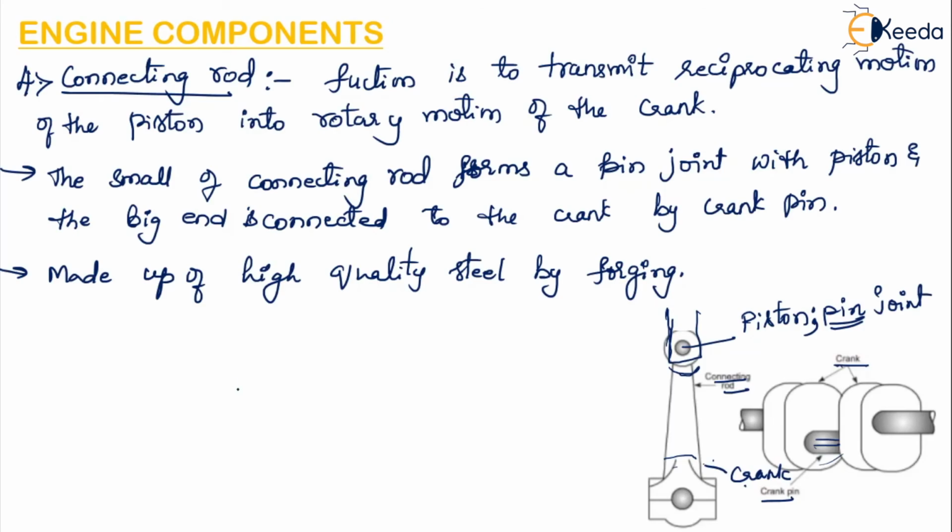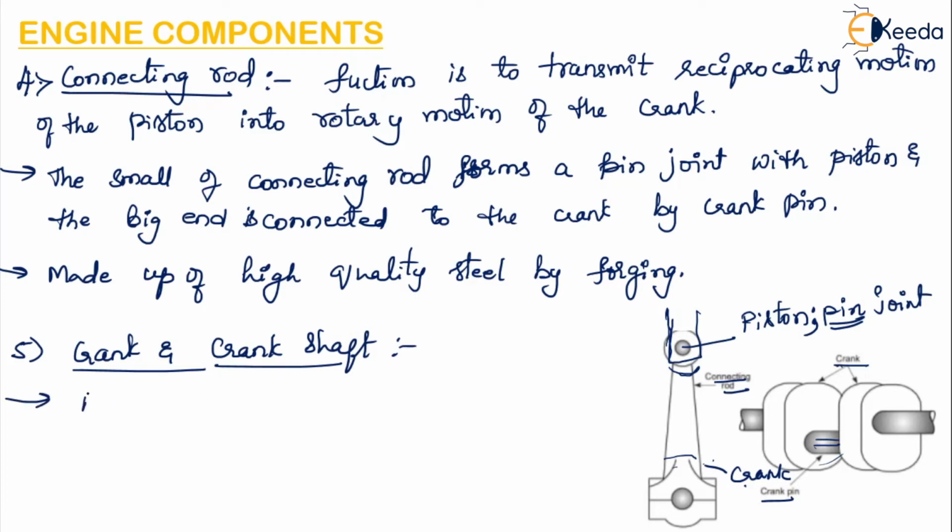The next component is the crank and the crankshaft, the fifth component. Both the crank and crankshaft are made from steel forging.